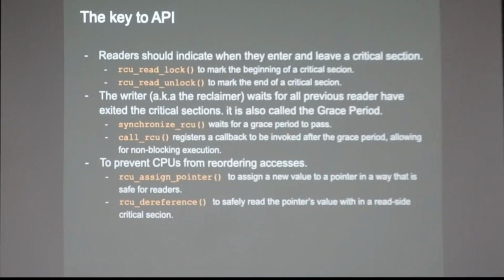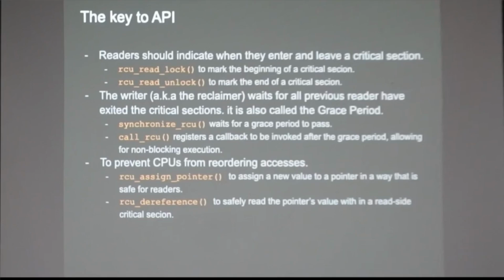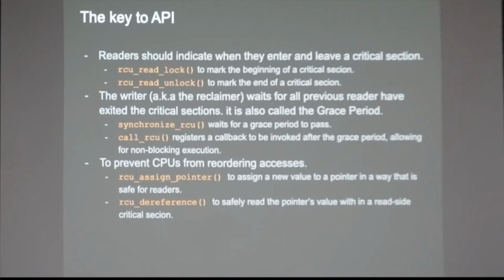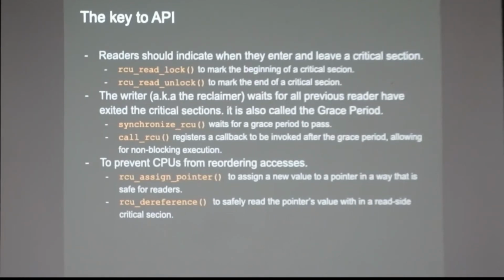So let's take a look at two key APIs. Similar to locks, we can use APIs to work with RCU. On the reader side, there are typical lock and unlock functions: rcu_read_lock and rcu_read_unlock.